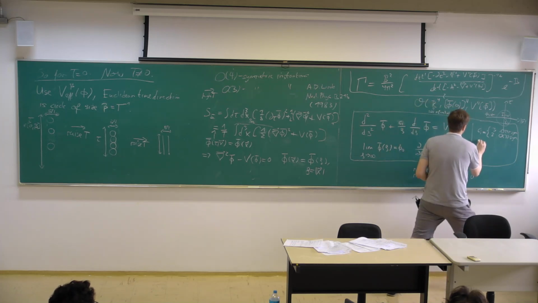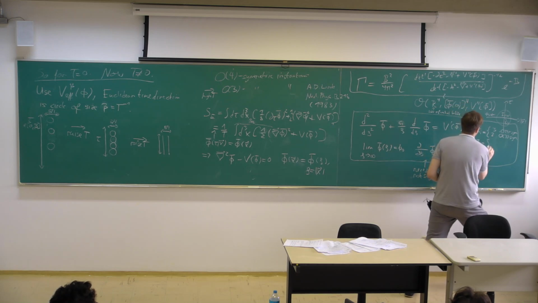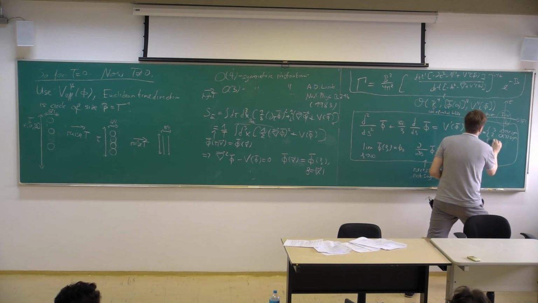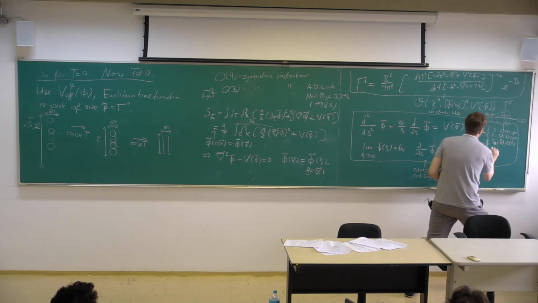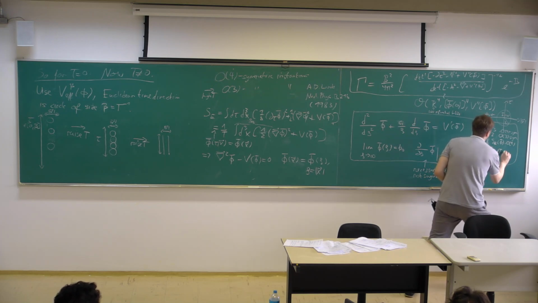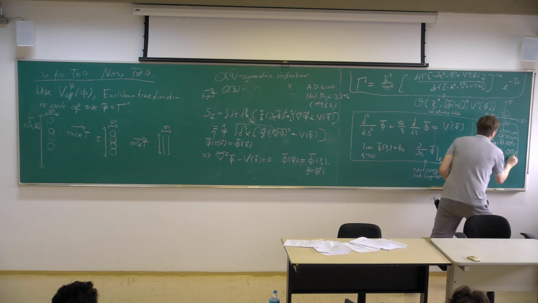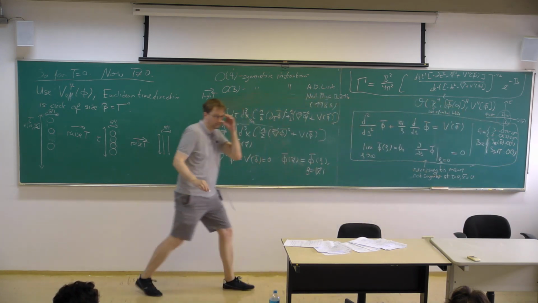And the bubble action is given by the Euclidean action of the bounce solution for O(4) symmetric instantons, and given by S3 divided by the temperature for O(3) symmetric instantons.